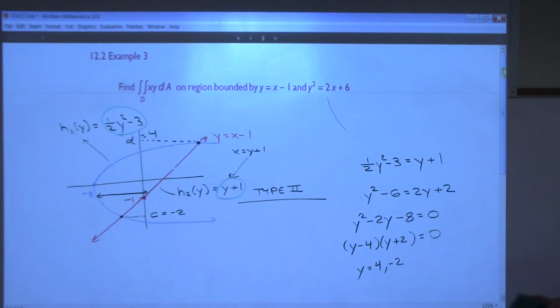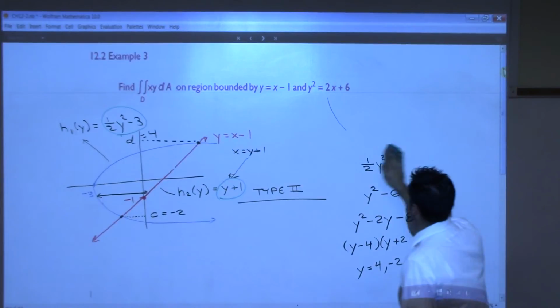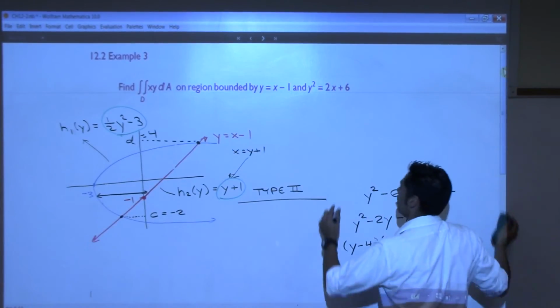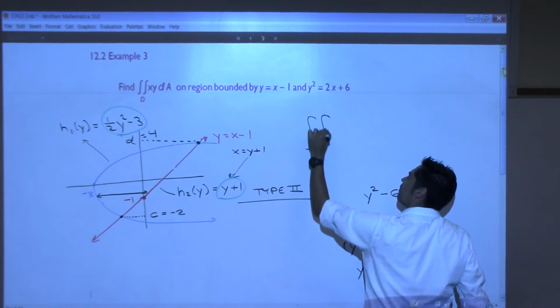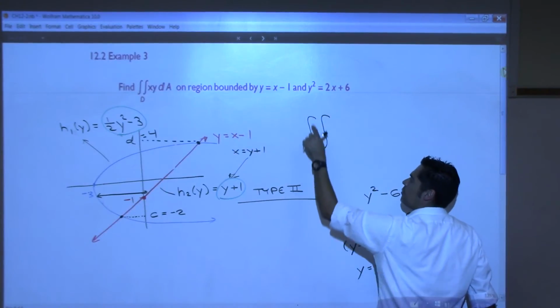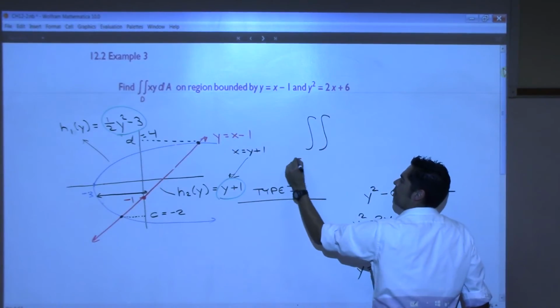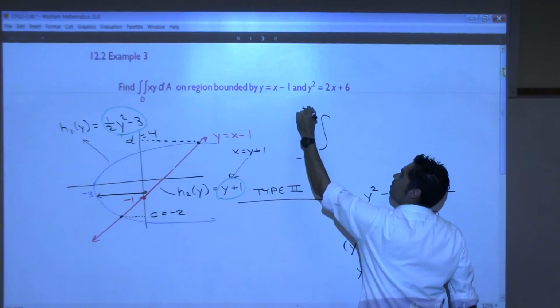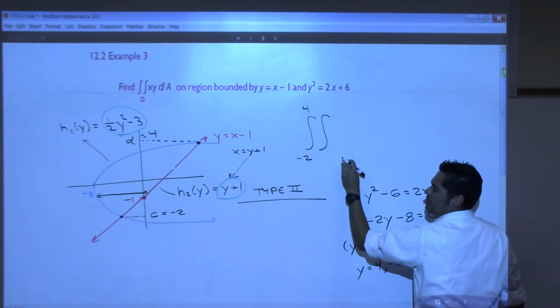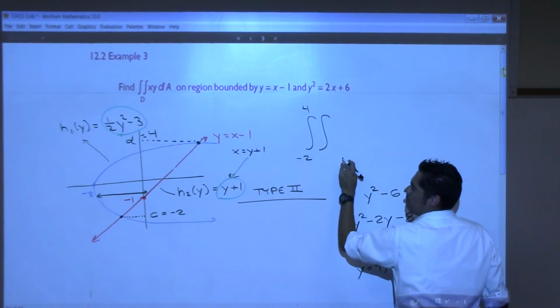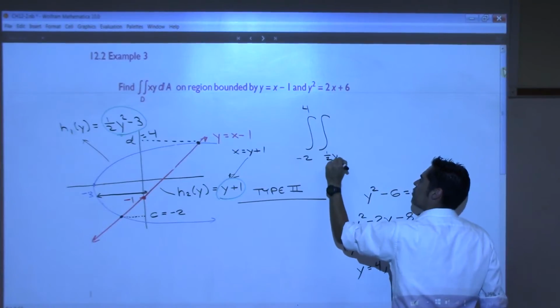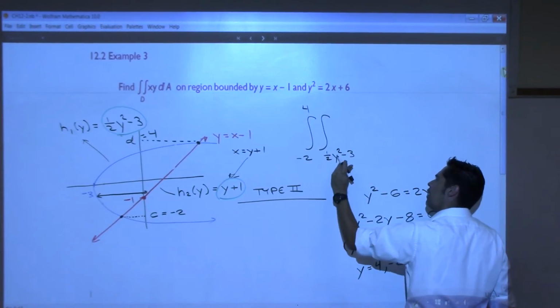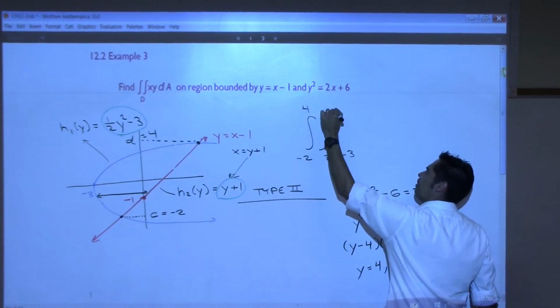All right, here we go. Double integral. What are the limits on the first integral? Negative 2 to 4. And then second integral, what's the limits? 1/2 y squared minus 3 up to y plus 1.